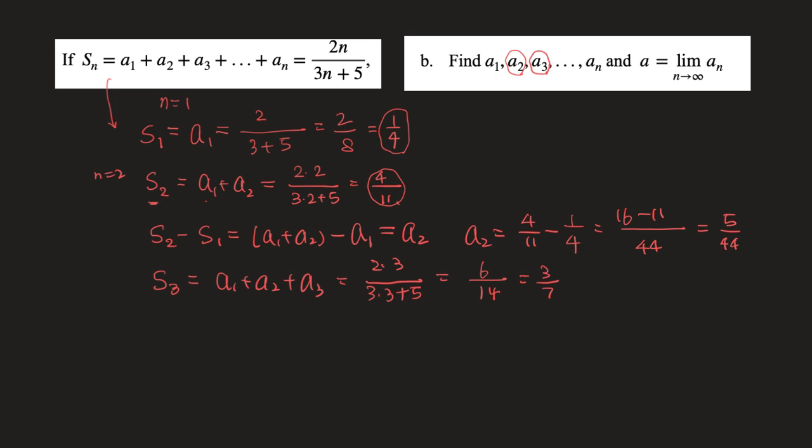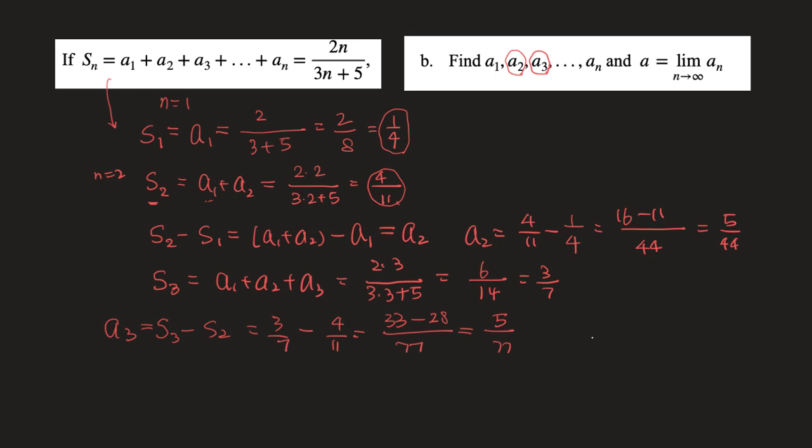Now S3 minus S2 is a3, because S3 is a1, a2, a3, and S2 is a1, a2. So this is 3 over 7 minus 4 over 11. Common denominator 77: 33 minus 28, that's 5 over 77.